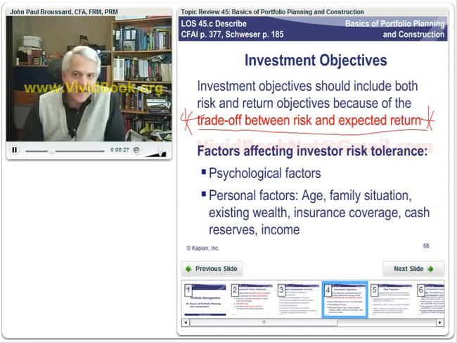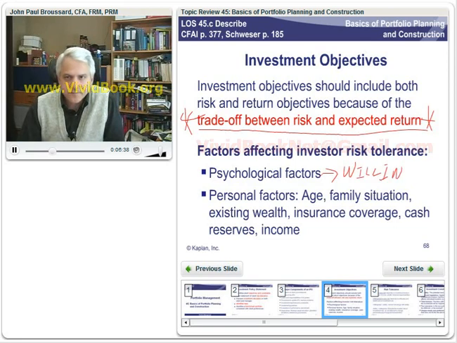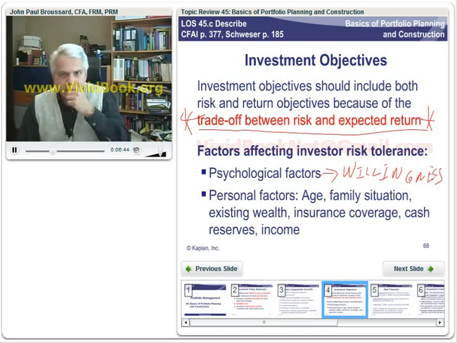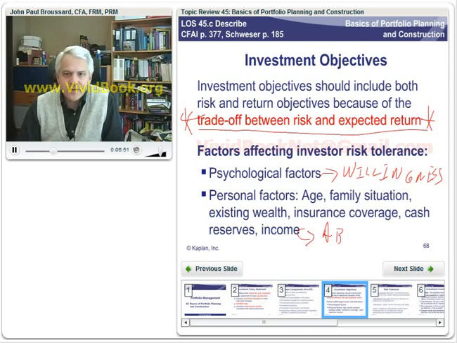Now, this isn't an absolute statement, but mainly we connect the psychological factors to the willingness to bear risk, and the personal factors are more related to the ability to bear risk.